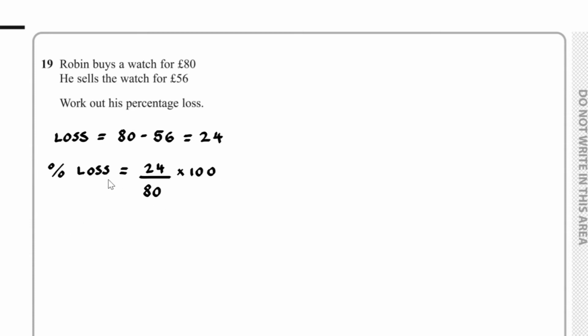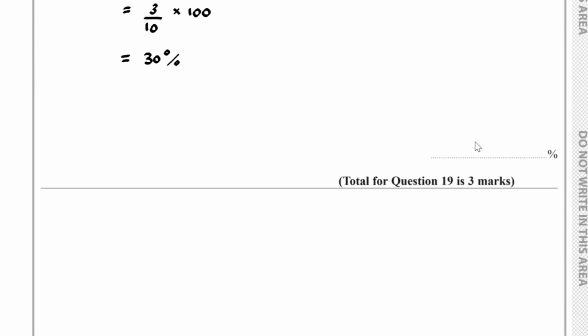Well, 24 divided by 80, that's 3/10. So we have 3/10 multiplied by 100, which is equal to 30%. So therefore the percentage loss is 30%.